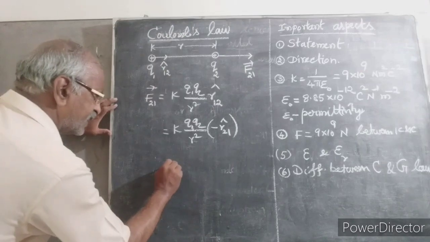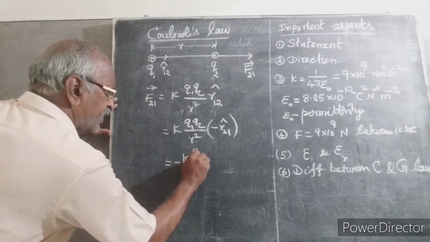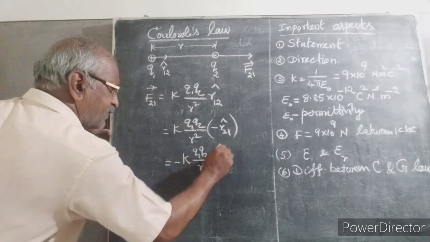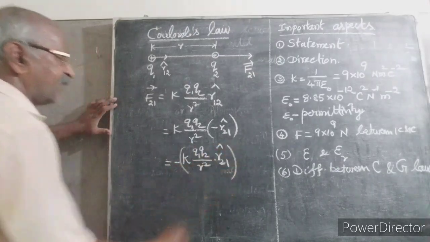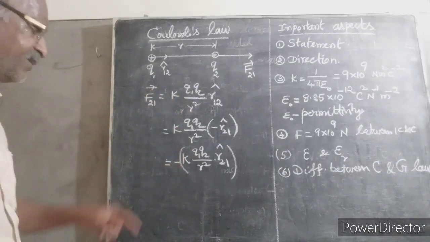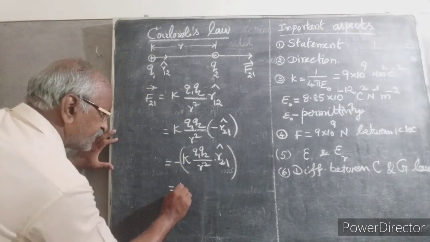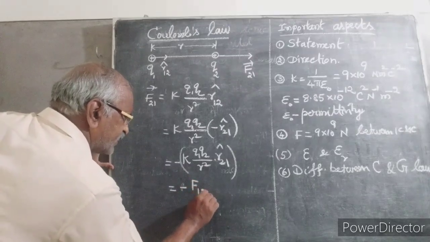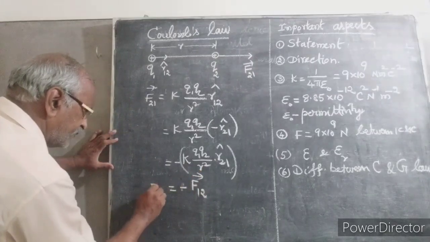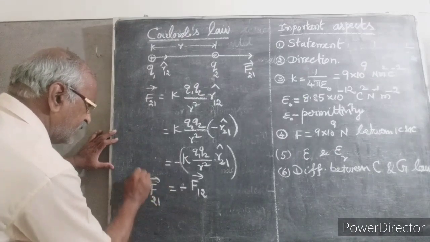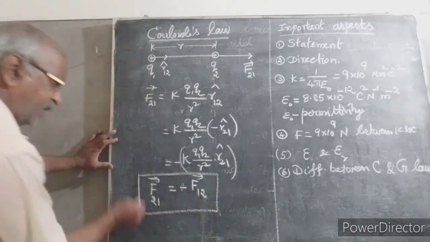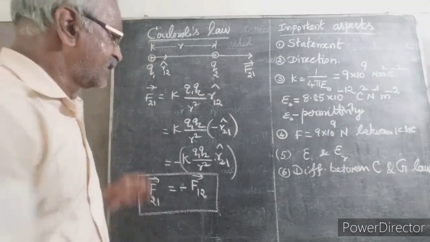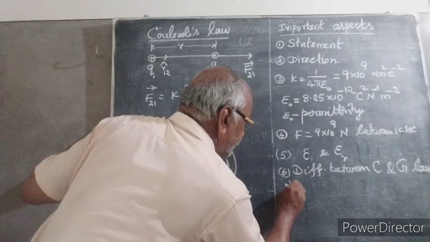Taking minus outside, I can write this as K into Q1 Q2 by R square into R21 cap. This is nothing but the force on the first charge by the second charge. From this, Coulomb's law obeys Newton's third law. So this is the seventh aspect.